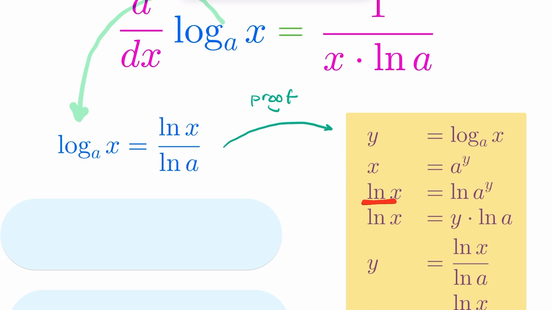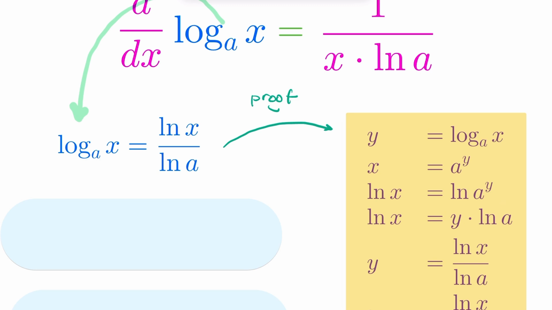So ln x is ln a to the power y, and using the property of logarithms, we can bring that y out as a coefficient. So we multiply ln a by y. So these two are equivalent.